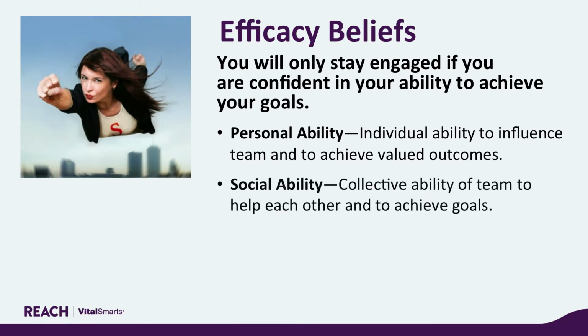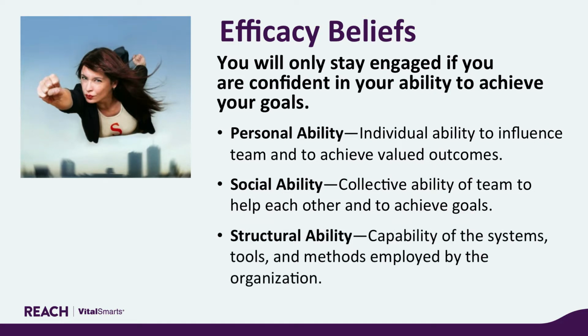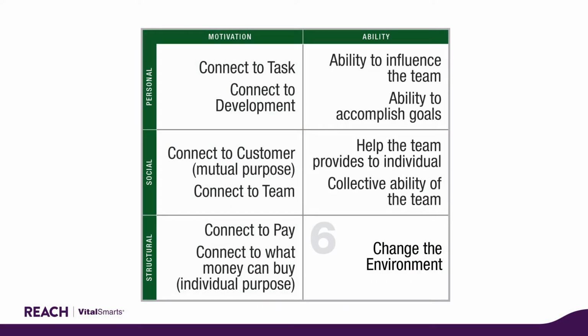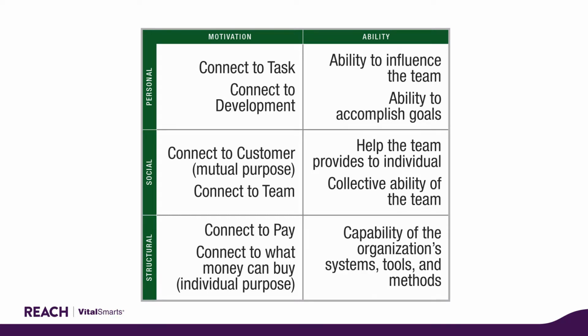By social ability, we're thinking more of collective efficacy, the efficacy of the team. What can the group do together? And finally, the structural efficacy, the capability of the systems, the tools, the organization itself. So if we add these to our model: ability to influence the team and accomplish goals, collective ability of the team, and capability of the organization, systems, tools, and methods.